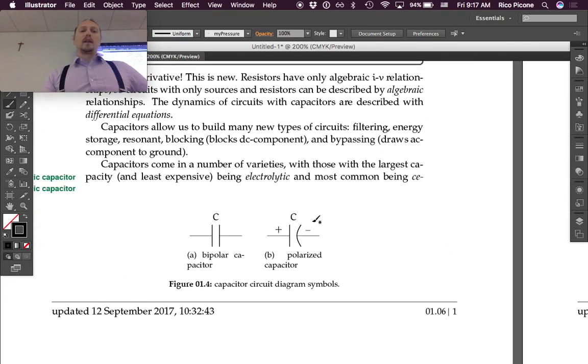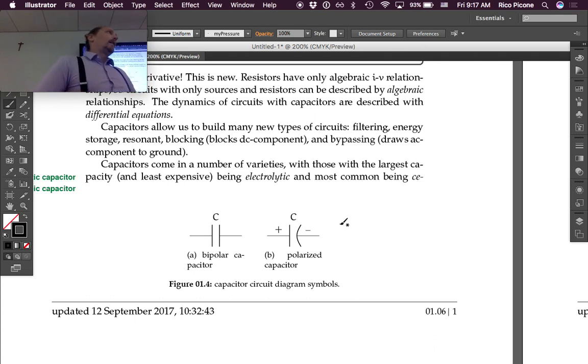So back to the other page. A bipolar capacitor has just this symbol where there are two even lines, and a polarized capacitor has one that's curved. I put the plus and minus signs on the polarized capacitor to denote the fact that it is only supposed to have voltage drops in that direction.